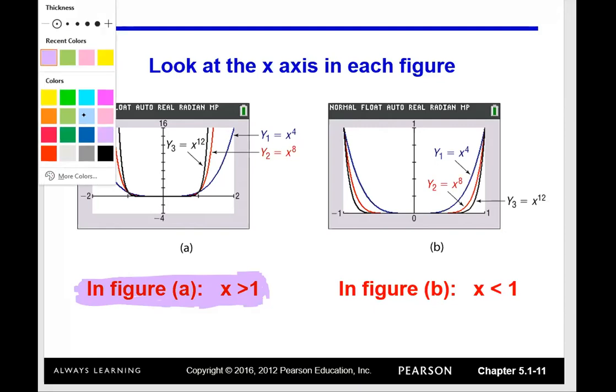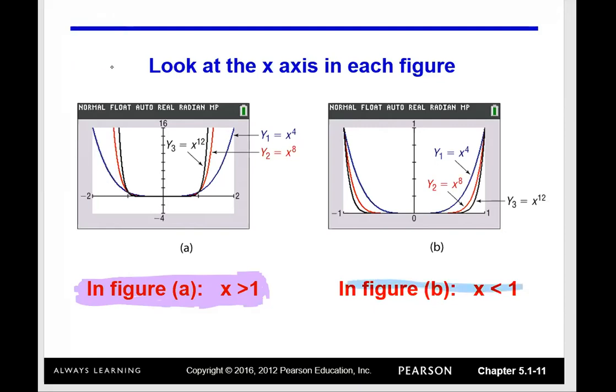But when you come over to this one, this is now giving you an example where x is less than 1. So if your base is a fraction, like 1/2 to the 4th, 1/2 to the 8th, and 1/2 to the 12th, it actually goes in reverse order.